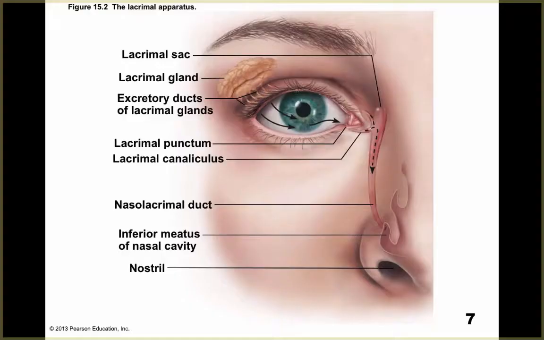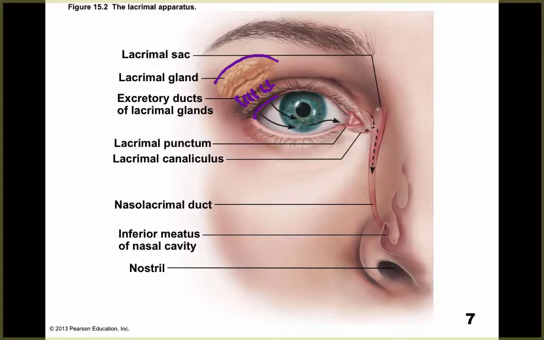If you look here, you can see that this is the lacrimal gland. And then coming out of the bottom of it are the ducts here. Essentially what happens is that the lacrimal gland again produces tears, and it's going to go through these excretory ducts of the lacrimal gland to go into the eye here.